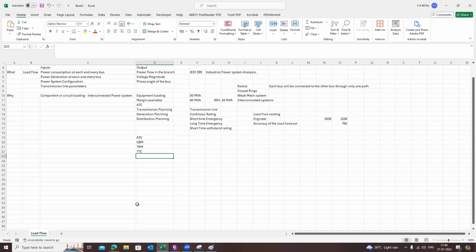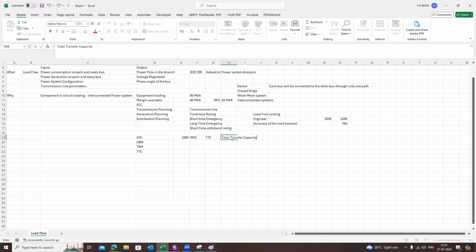Now, what is the available transfer capacity? Suppose the total transfer capacity of the line is 1000 MVA. 1000 MVA is the total transfer capacity, which is the TTC.